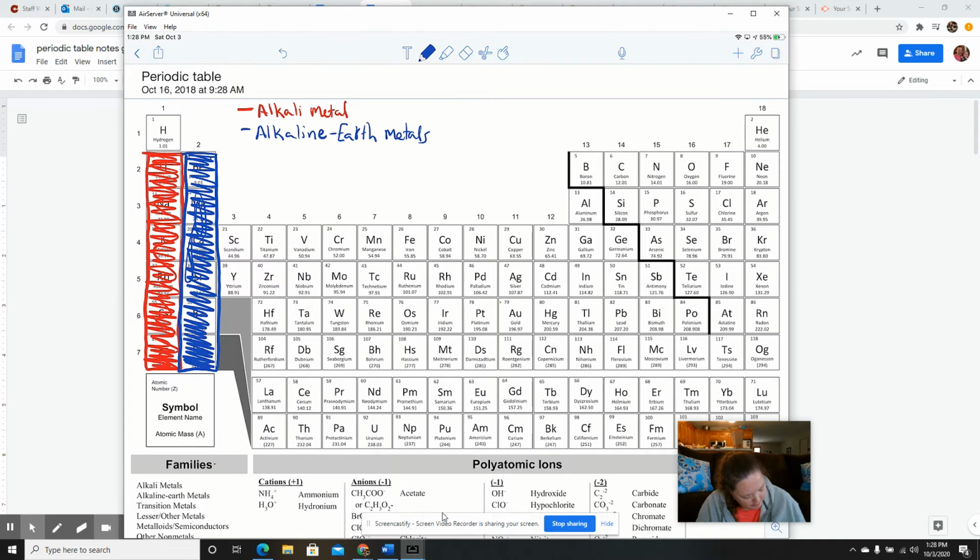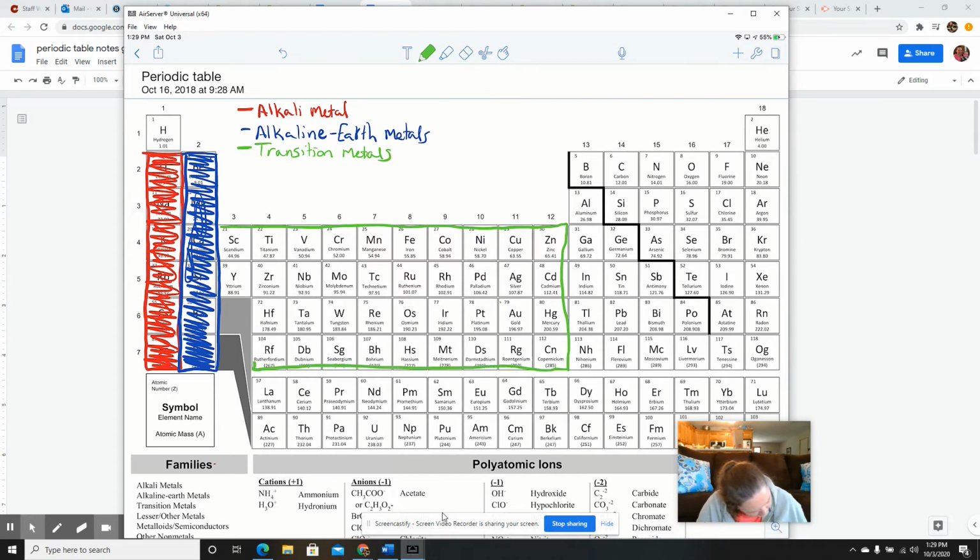Okay. Then in green, I'm going to do the transition metals. And they are this inner chunk.